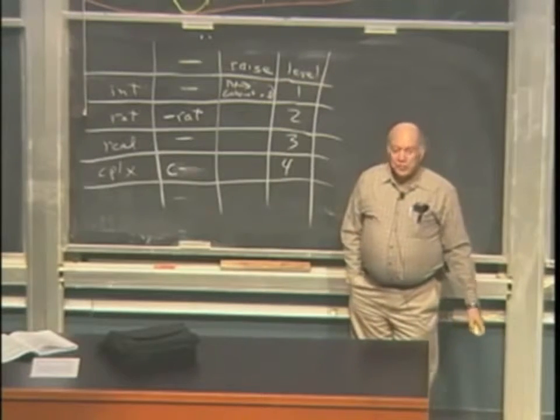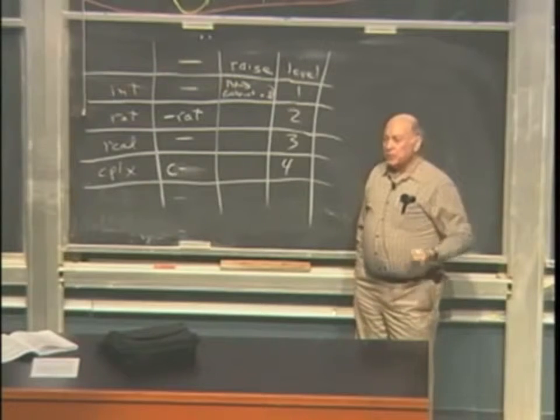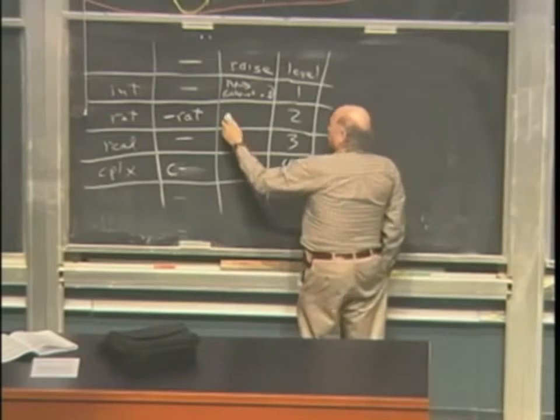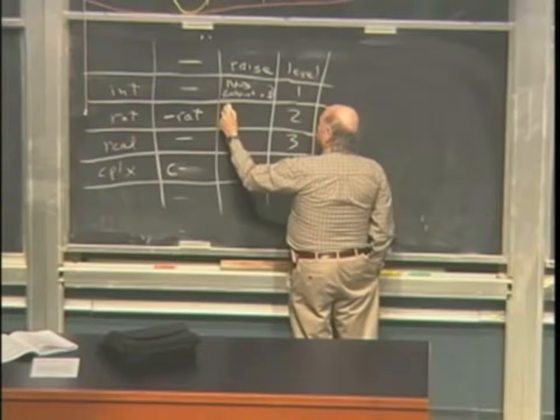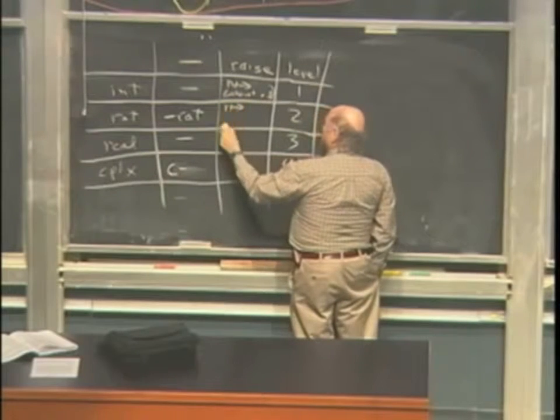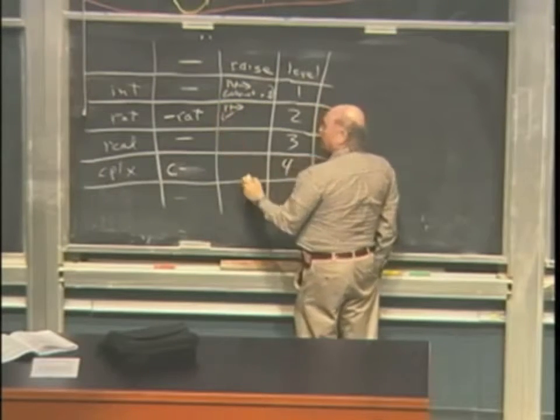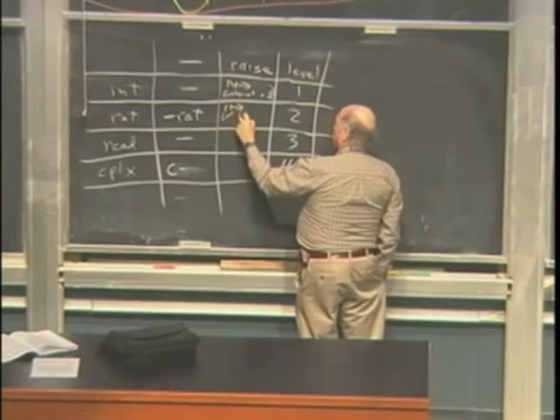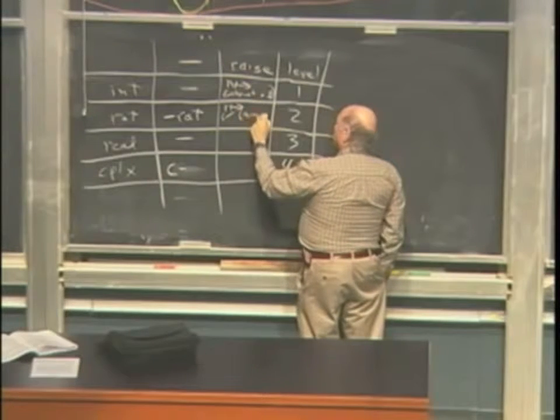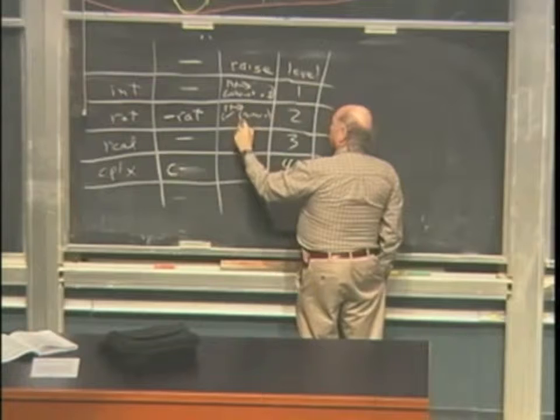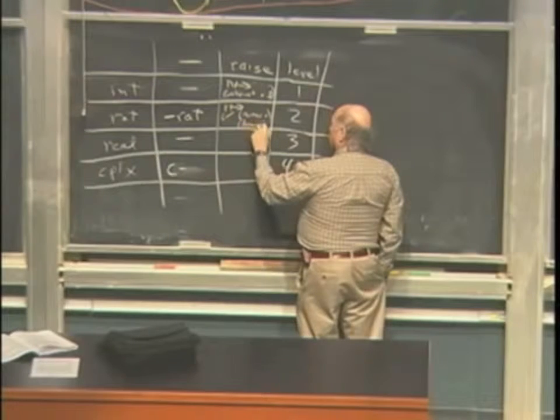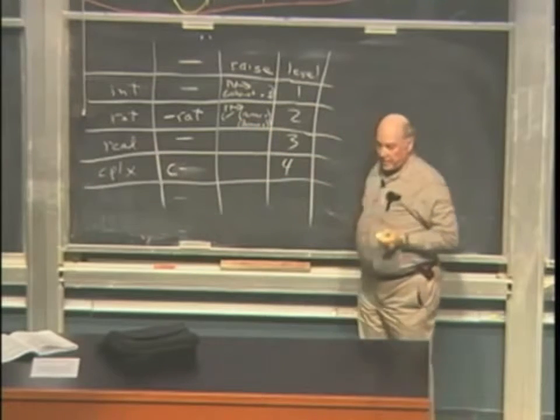The raise procedure for rational has to raise it to a real number. And how do we do that? We do rational number maps to divide the numerator of R by the denominator of R. Okay?